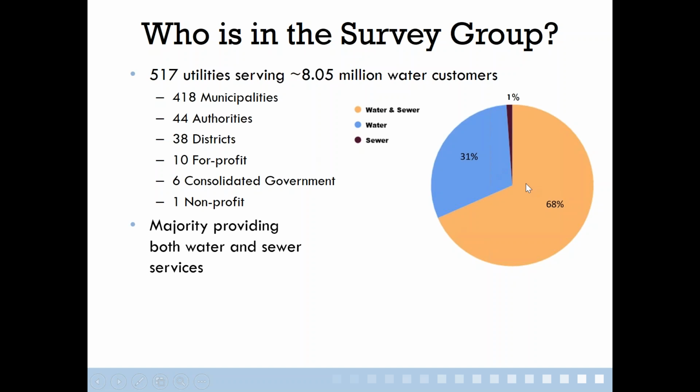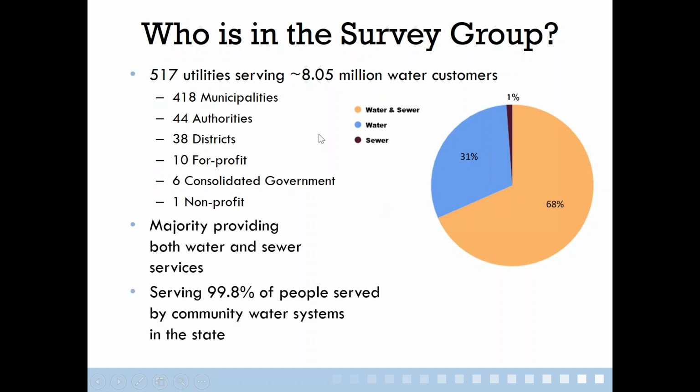So as you can see, from this pie chart on the right, most of them were providing both services, water and sewer. And very few are providing just sewer only. And this, around 8 million water customers represents almost 100%, 99.8% of people served by community water systems in the state. So that's really significant.